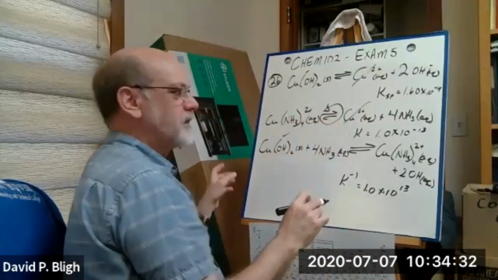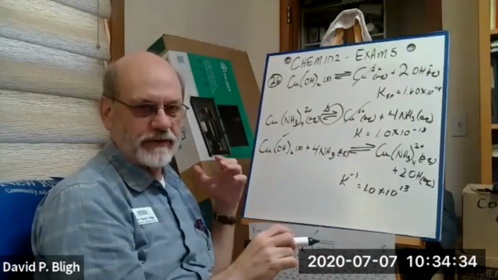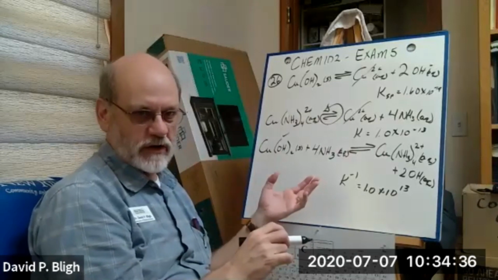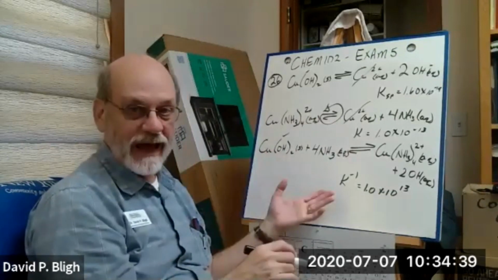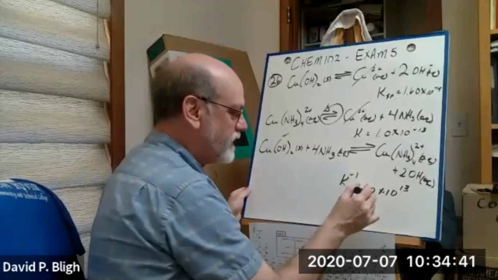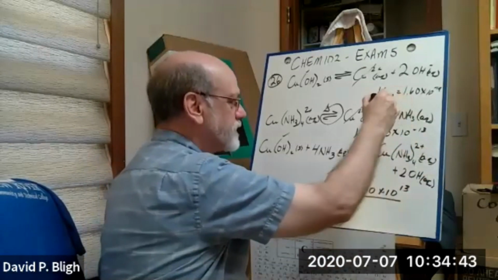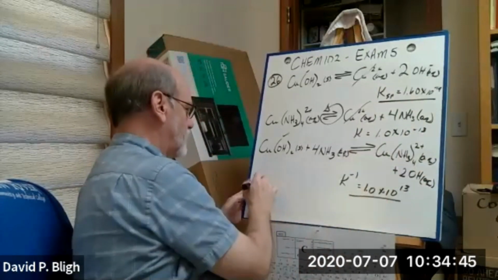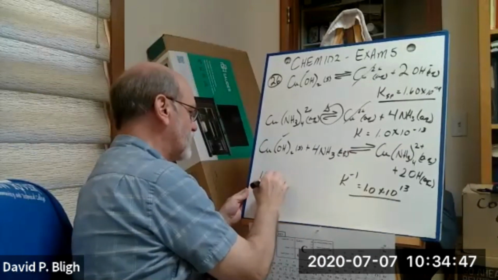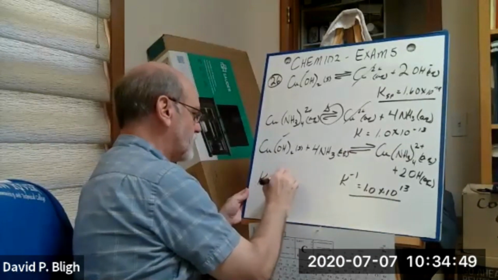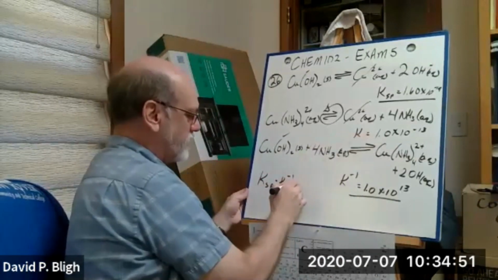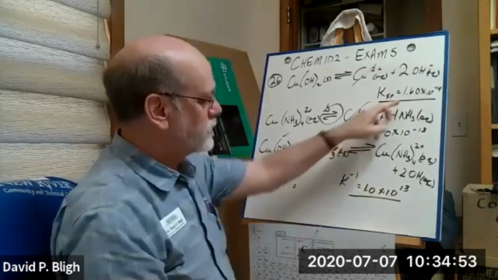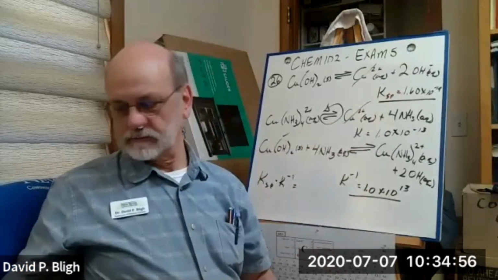So what do you do when you combine equations? What happens to their K expressions? You multiply them. So we multiply this one times this one. So KSP times the inverse of that K is equal to this one times that one.